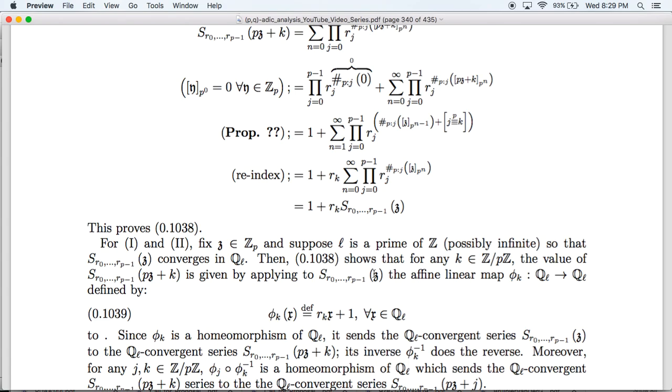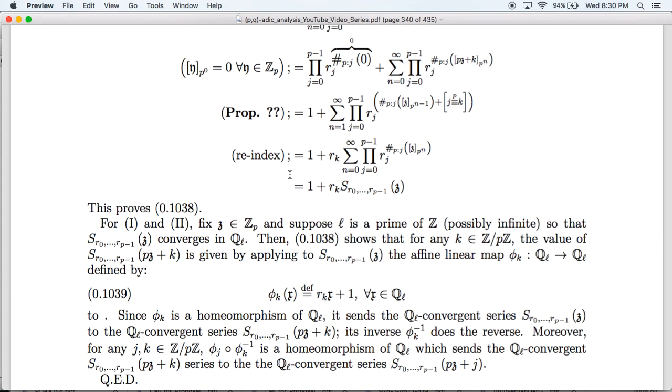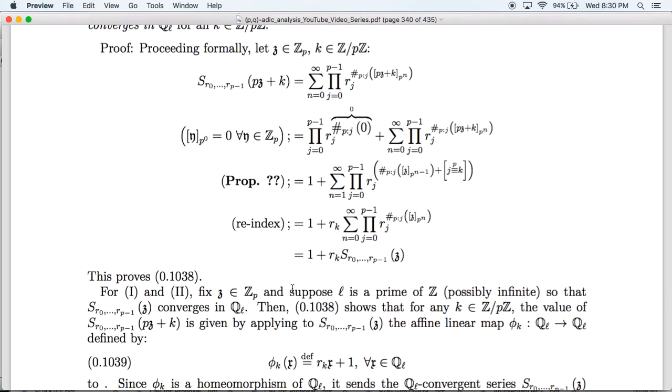The key thing to note here is that if this thing converges in QL, then it's in the domain of this affine linear map, which then automatically gives us this thing. And so the formal identity then gives us the equality of these two. In other words, and this is really the key thing that's going on, these maps right here, these affine linear maps of QL, act as transitions that allow us to go from one side of the functional equation to the other.